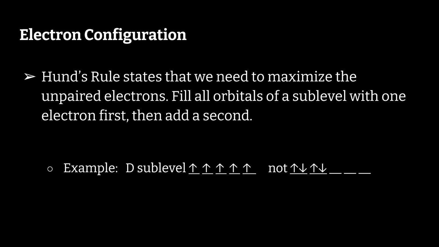The best way to describe this would be if you're getting on a bus and you don't like anybody on that bus, you're typically going to sit one person per seat until the bus is full and you have to pair up. So electrons don't want to pair up unless they have to. And that goes back to the idea of their charges. We have our electrons being negatively charged, so they are going to want to be as far apart as possible.